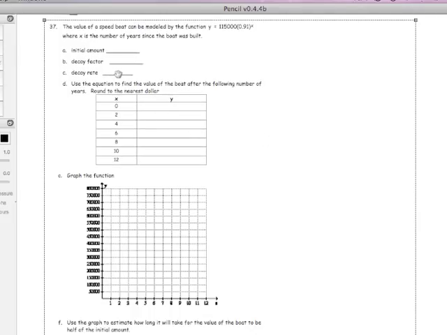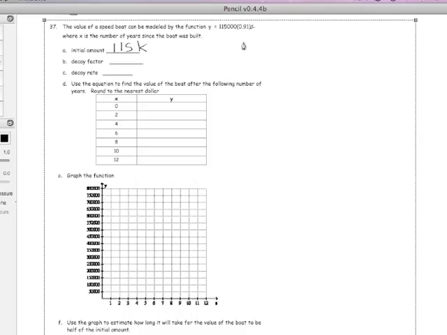The value of a speedboat can be modeled by this function. Oh, look, so this is decay, so that makes a lot of sense. It's worth $115,000 initially, right? Because that's at time 0.